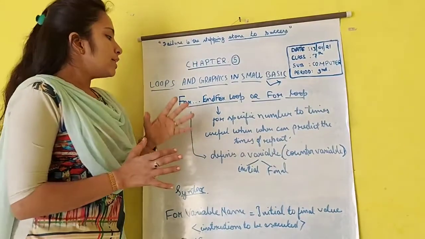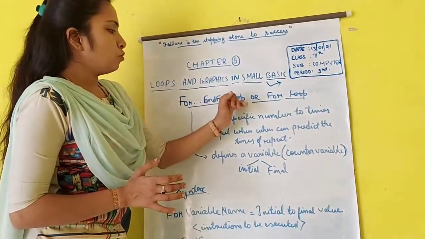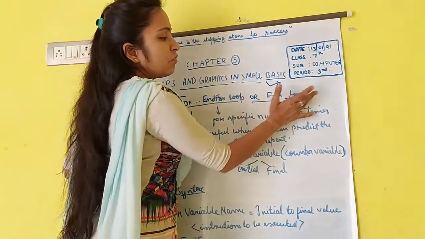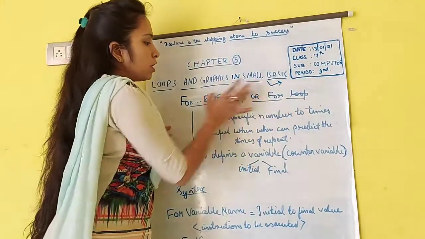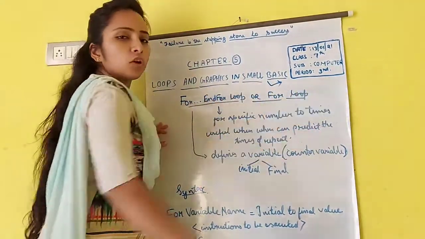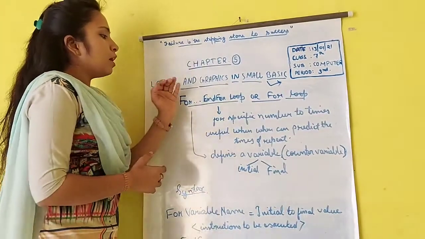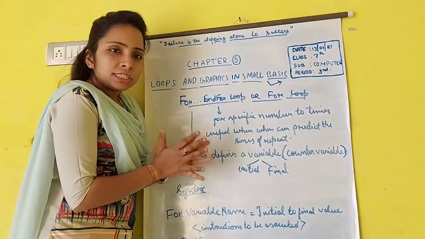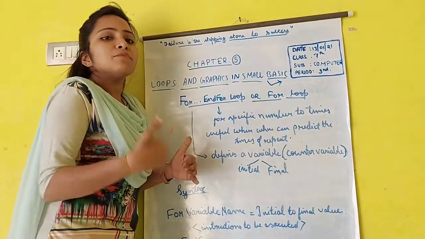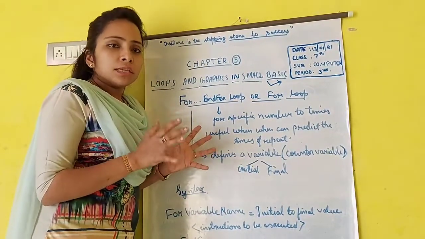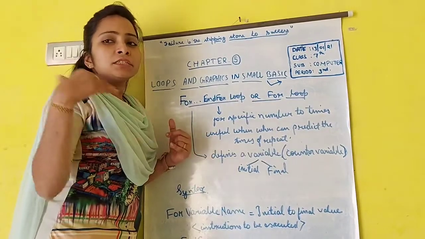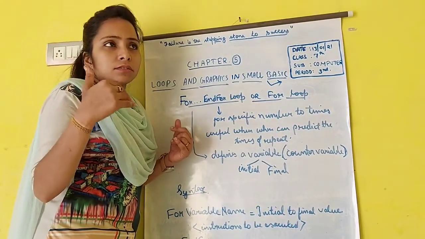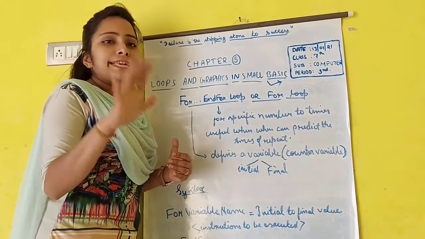The first one is the For and EndFor loop, or simply the For loop. What is this used for? This is used when we know how many times of repetition we need. Suppose I want to repeat the sum of two numbers 10 times.